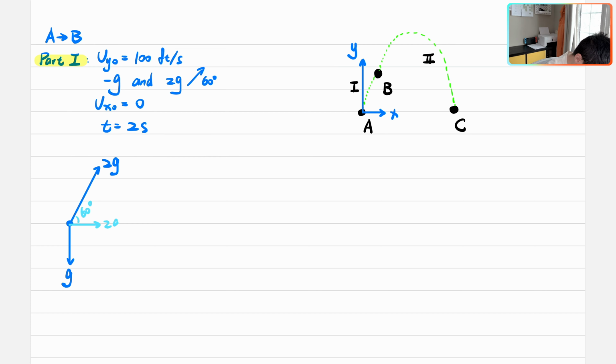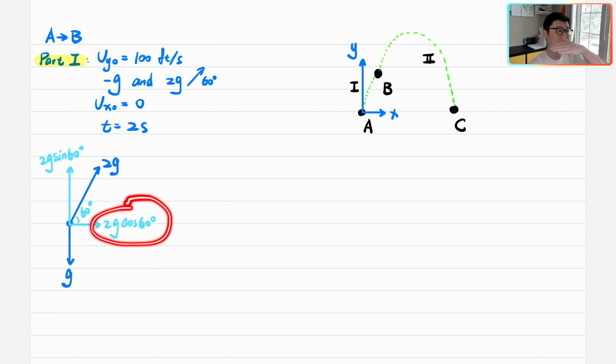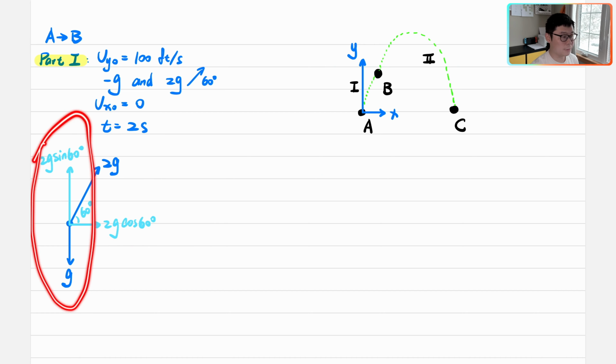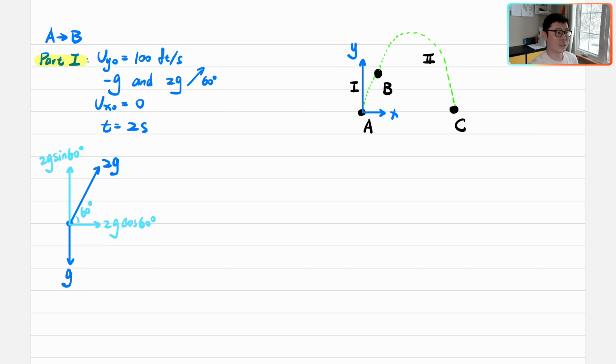So this will be 2g cos 60 degrees. And at the same time, we'll also have a 2g sine 60 degrees. Now you can see that this acceleration affects the horizontal velocity, and the combination of these two will affect what's going on in the vertical direction.